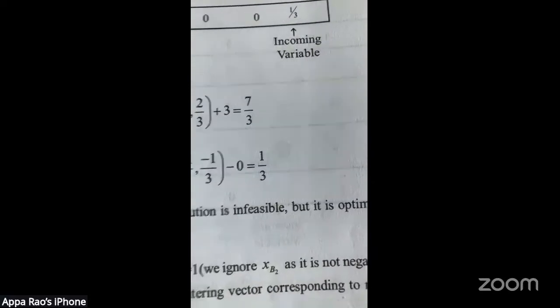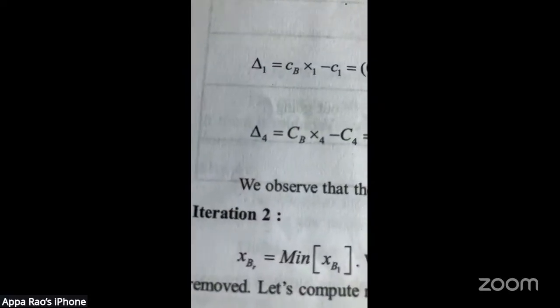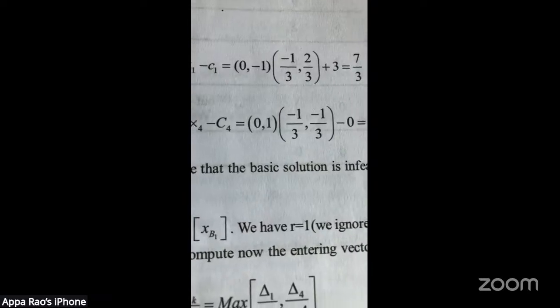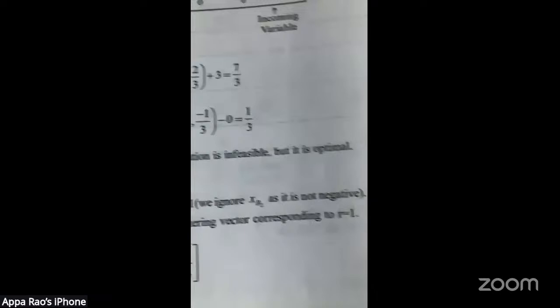Next, delta j, Zj minus Cj: 2 by 3, 0, 0, 1 by 3. For the incoming variable, delta j equal to CB XB minus C1, that is 0, minus 1 times minus 1 by 3, 2 by 3, plus 3 equal to 7 by 3.